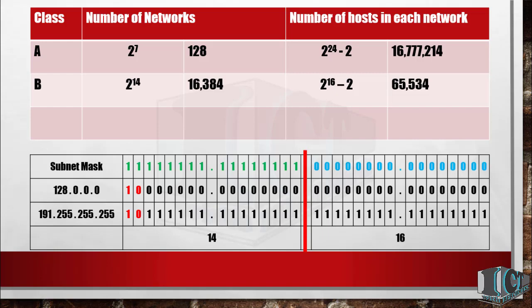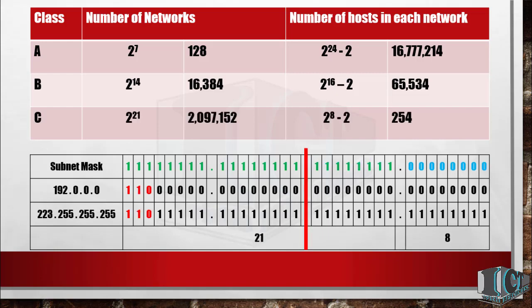Then in class C, I have a subnet mask of 255, 255, 255 and 0, which is denoted in green and blue there in the first row, and 3 bits I'm going to use for the identification, and the rest I will take for the network formation.